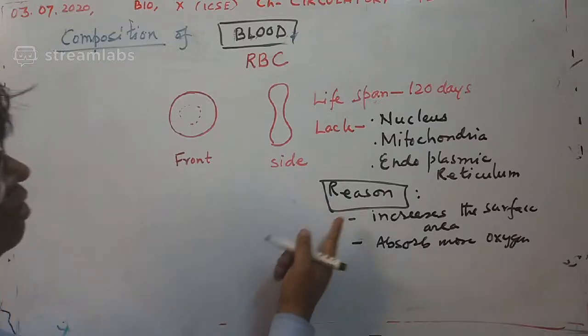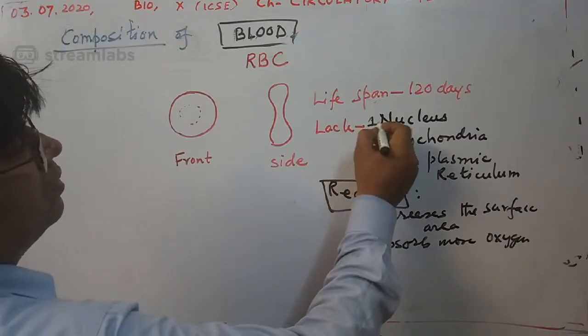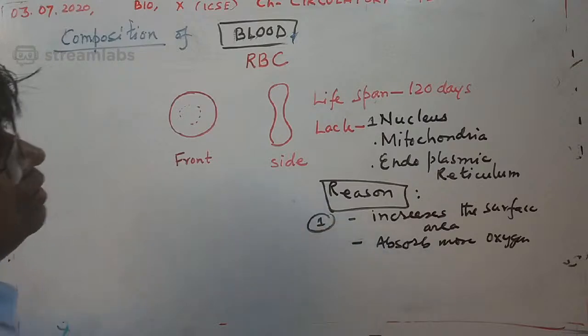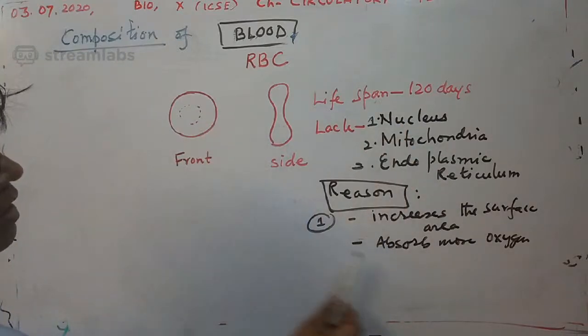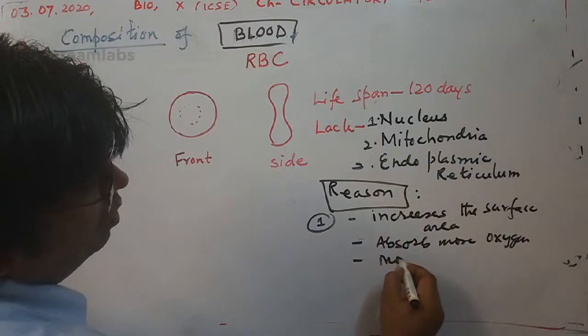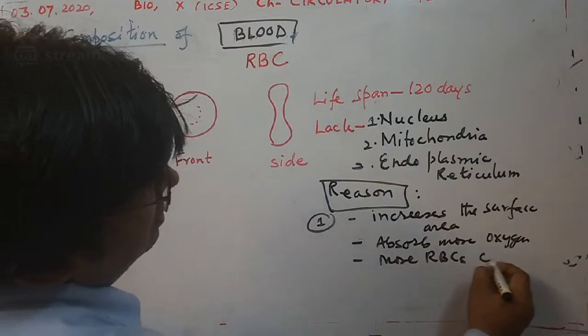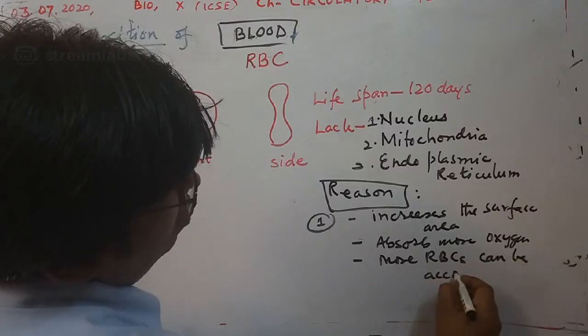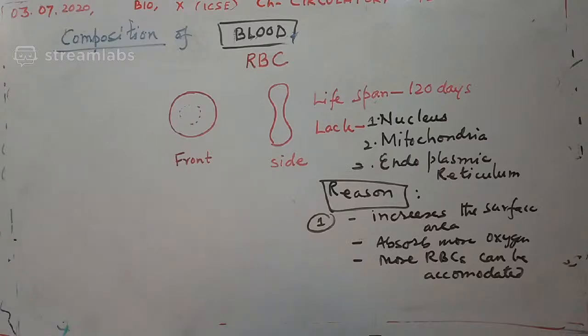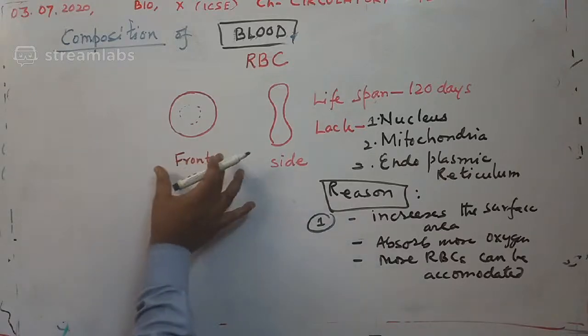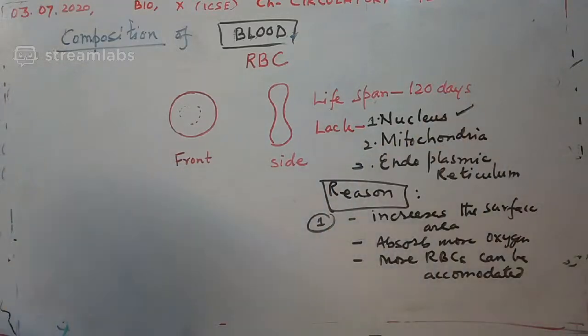So the first reason is very important. Number two, it also lets them absorb more water, and number three, more RBCs can be accommodated in the same space. This is the main reason why the RBCs lack nucleus. These questions may find place in examination, so you should know this.